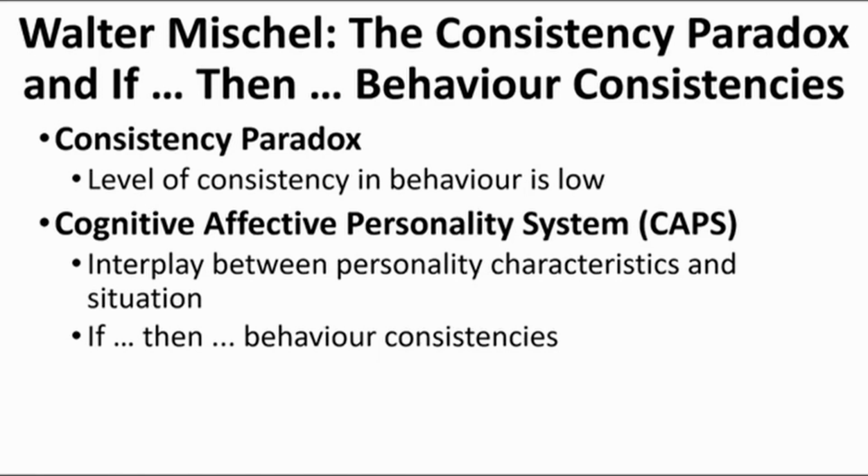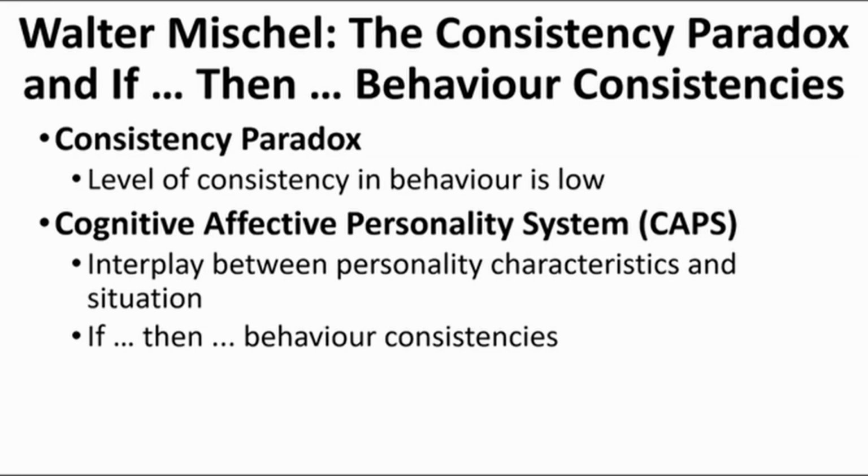And so the interaction between all of those factors is what's going to help explain the behavior that we observe. So the behavior is going to result from our relatively stable personal dispositions and cognitive affective processes that are interacting with the specific situation that they're in.